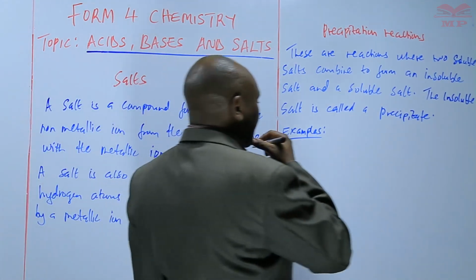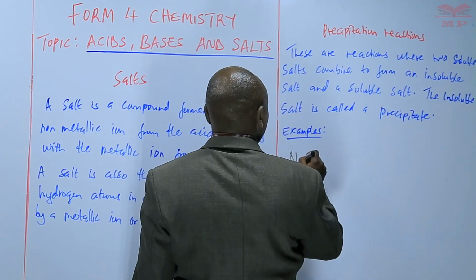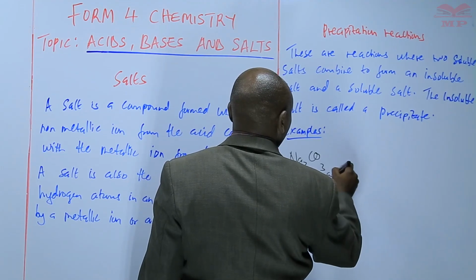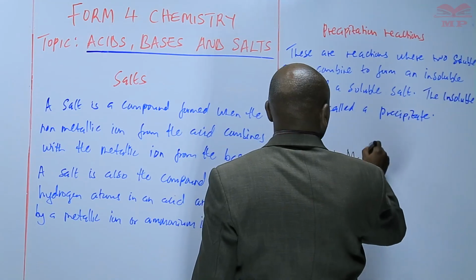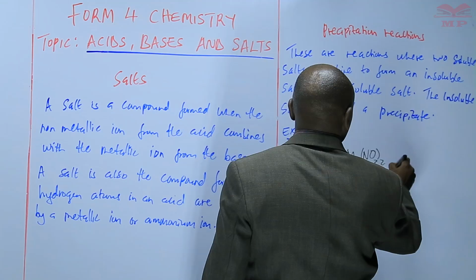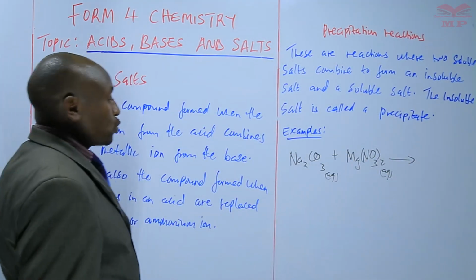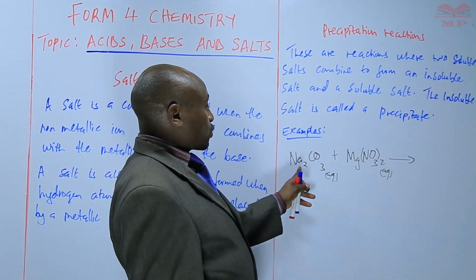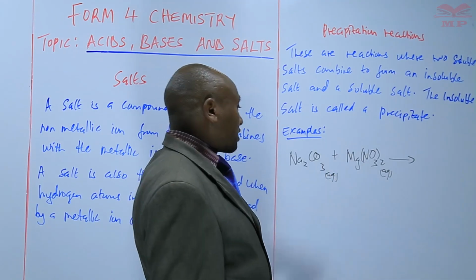We'll take some examples of precipitation. We can take a salt such as sodium carbonate, in solution form, plus magnesium nitrate. Another soluble salt. Those are two soluble salts. And when those two soluble salts are combined, they will exchange their ions. So sodium takes the nitrate ions, magnesium takes the carbonate ions.